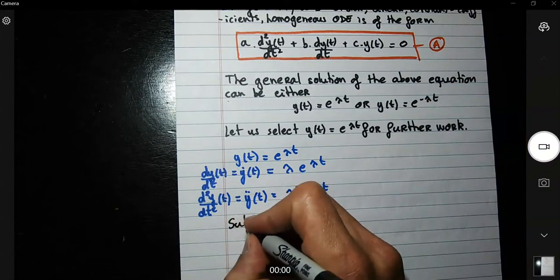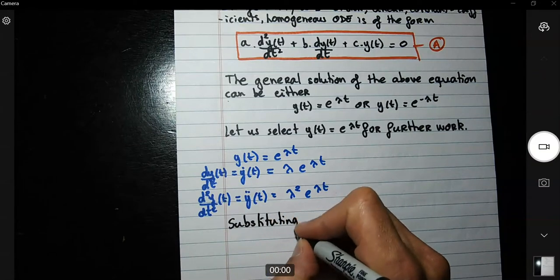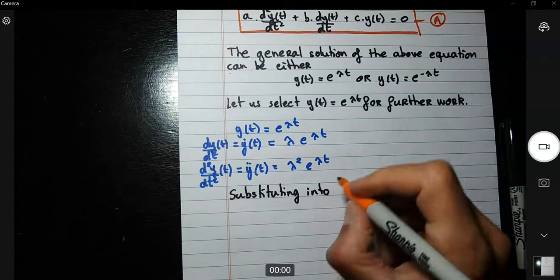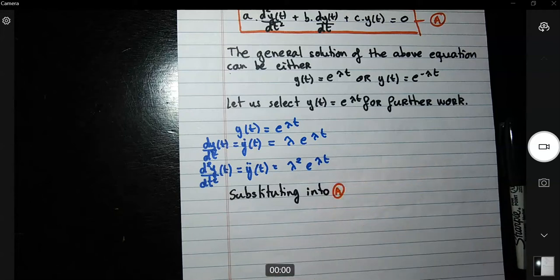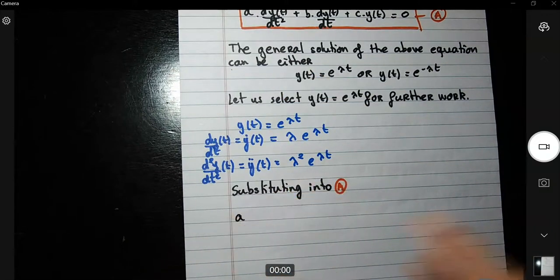So substituting into A, what do we have? So the first term will be A unchanged.